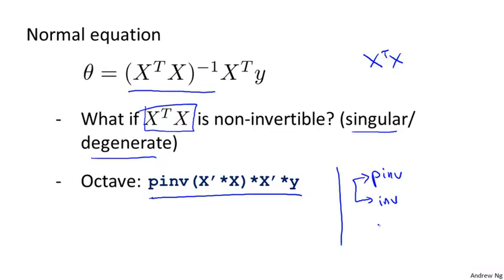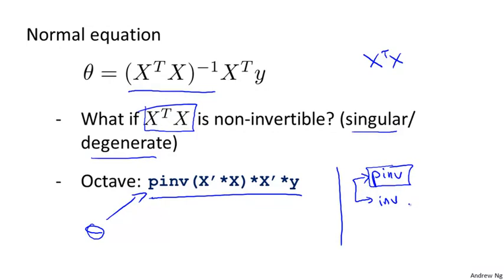One's called the pseudo-inverse, one's called the inverse. But you can show mathematically that so long as you use the pinv function, then this will actually compute the value of theta that you want, even if X transpose X is non-invertible. The specific difference between pinv and inv involves somewhat advanced numerical computing concepts that I don't really want to get into.